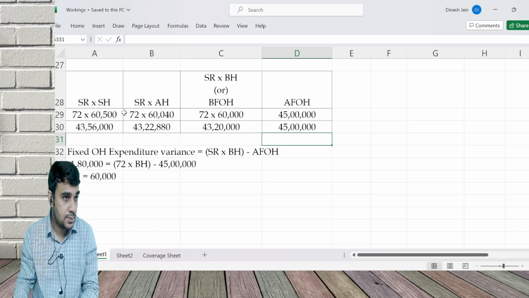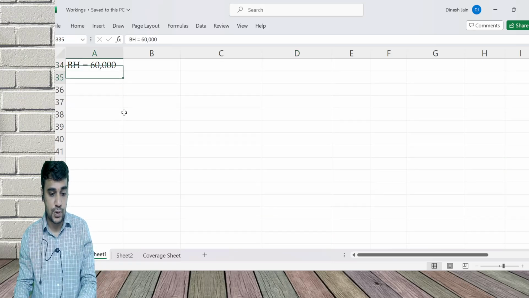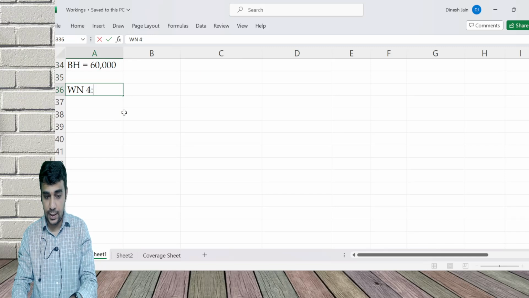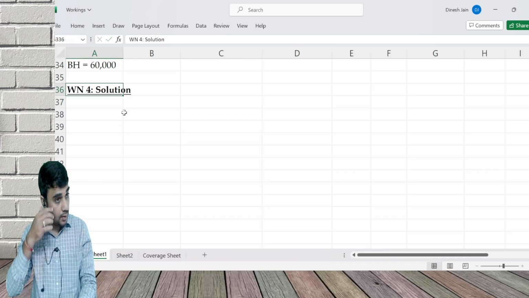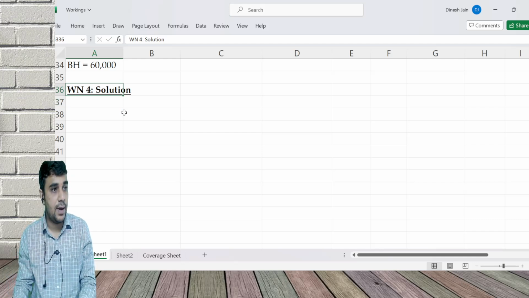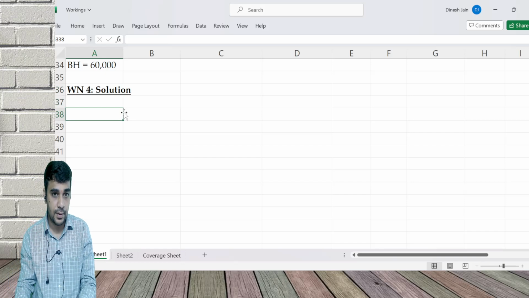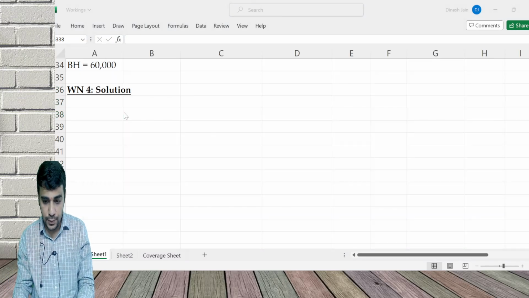Can you proceed? Next, working note for solution. This is where we'll start answering the requirements of the question. Beyond this, it's just a formality, but this is where the main solution comes.